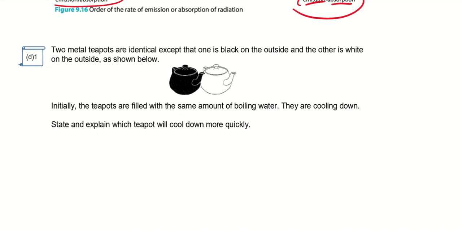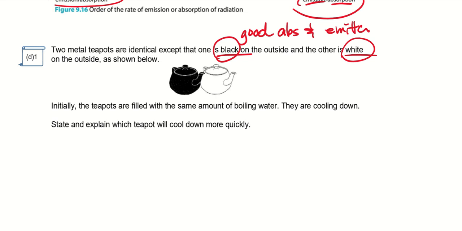D1, two metal teapots are identical. One is black on the outside and the other one is white. So when will you know it's radiation? When they talk about color, when they talk about surface. So black is a good absorber and emitter. White will be poor. They are filled with the same amount of boiling water.